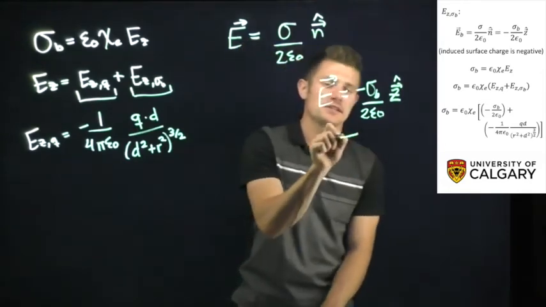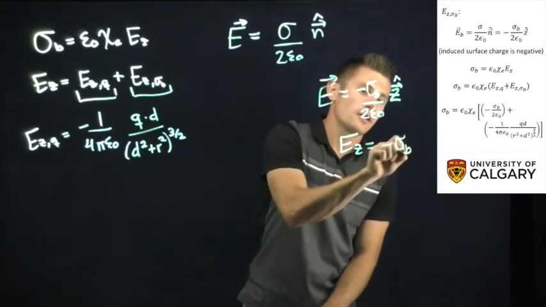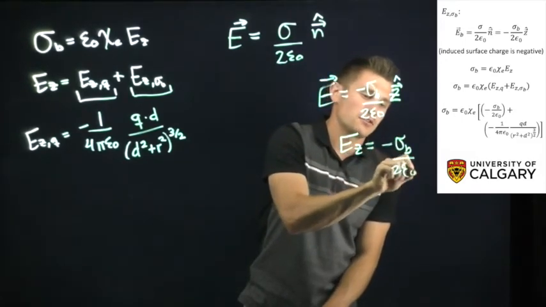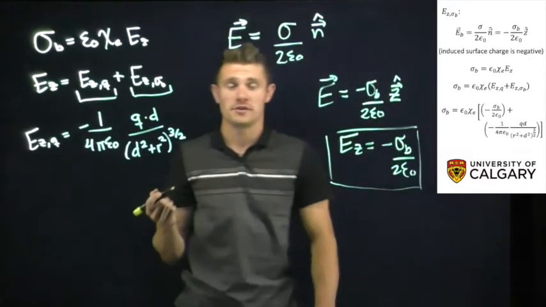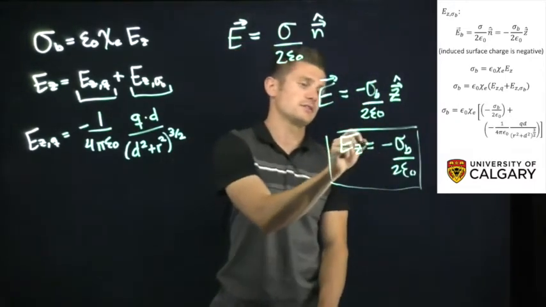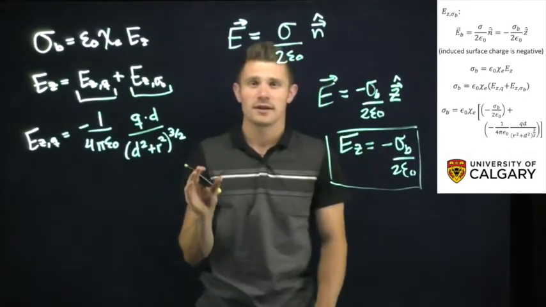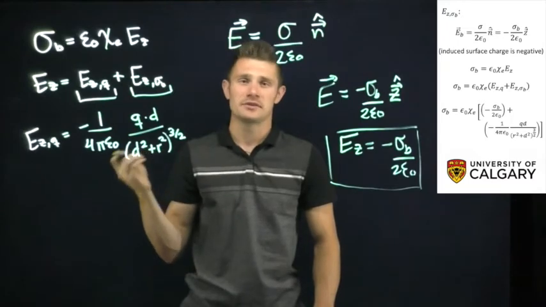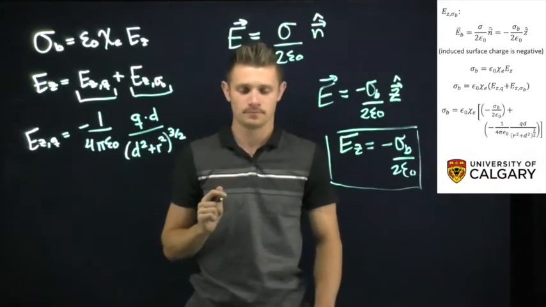So this makes it easy to pick off our z component of the electric field, as the entire electric field is in the z direction, and therefore our contribution to the electric field from this induced plane of charge is Ez equal to negative sigma b over 2 epsilon naught, where again this negative sign comes in because it's a negative induced surface charge, and therefore the electric field will point towards the charge.